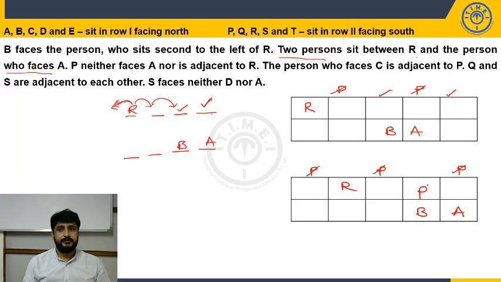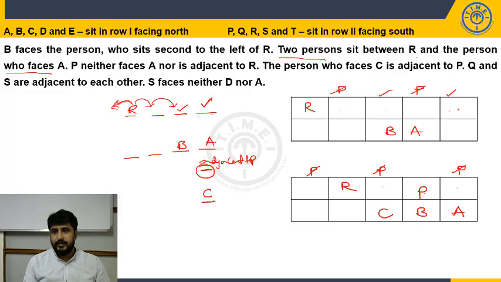Next, the person who faces C is adjacent to P. The person who is facing C, this person is adjacent to P. Let's see. So P is here, and opposite P's neighbor is already A. So P's adjacent is opposite C. Let's take P here. P should be in one of these two places.